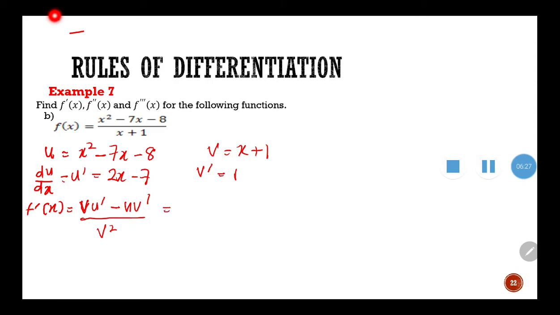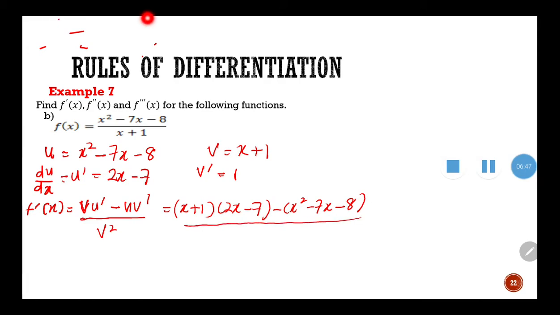So v here is x plus 1, u prime is 2x minus 7, and then minus u, which is x square minus 7x minus 8, v prime is 1, over v square is 2x minus 7 square.